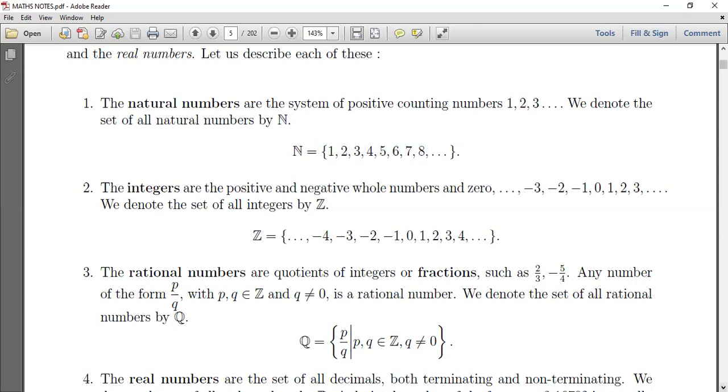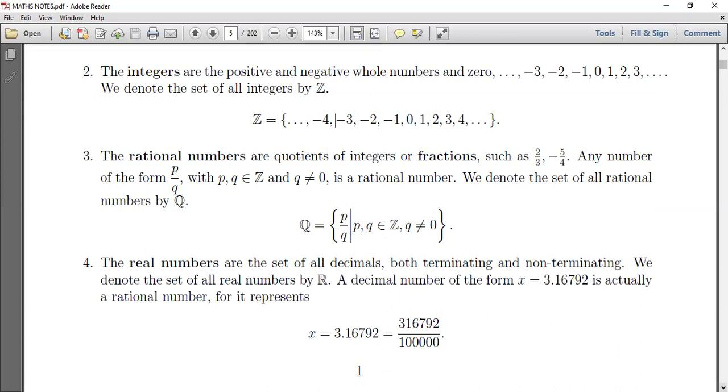Okay. Then another group of numbers that you should know is called rational numbers. The definition of a rational number is any number which can be written in the form P over Q, where Q is not equal to 0, and P and Q are elements of integers. Okay, so P and Q are numbers that we defined above as integers.